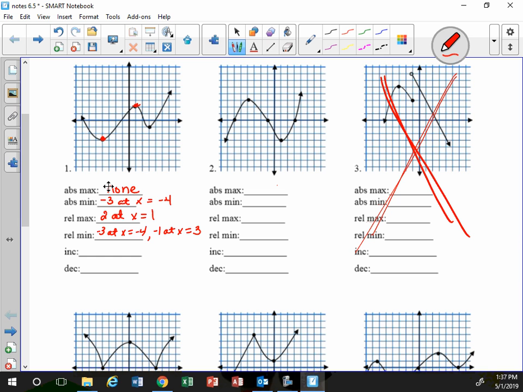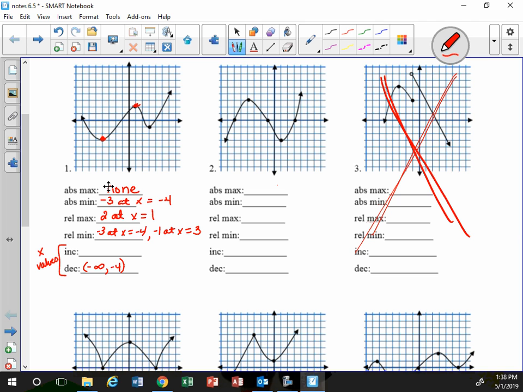So my first decreasing piece is that little section there, which is from negative infinity to, what do you think, -3 or -4? -4. When you're doing increasing and decreasing, you will always be giving me x values as your intervals, and parentheses on everything, because at -4, it's not really increasing or decreasing.